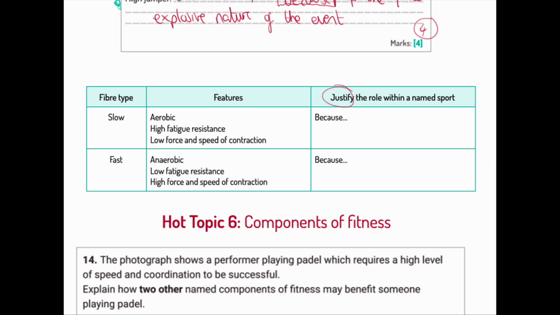Justify, key thing to be able to do. So why, and I think it says in a named sport, so I'm going to go with tennis. Why do we want a slow muscle fibre type for tennis? Well, because it's a long game, a long match. Often 2 hours plus.